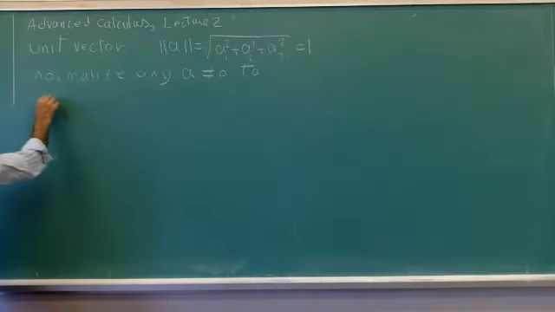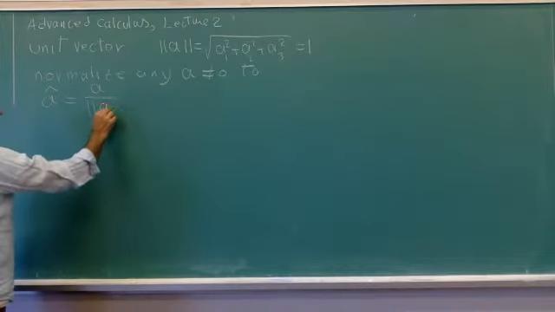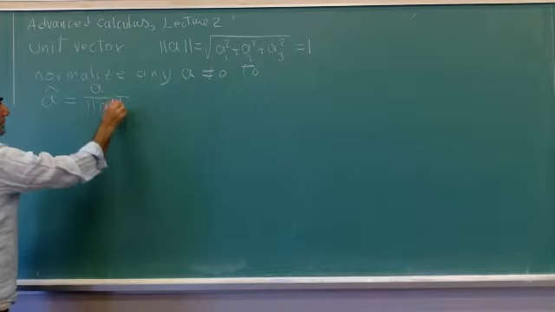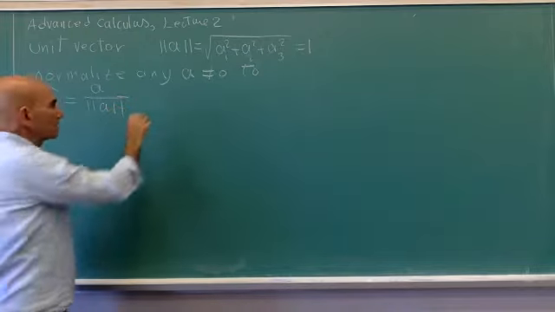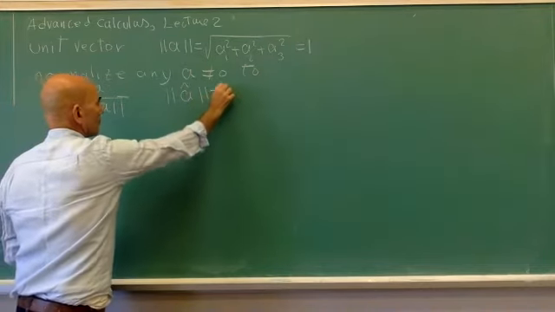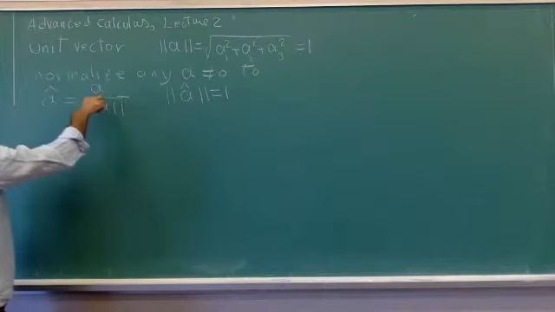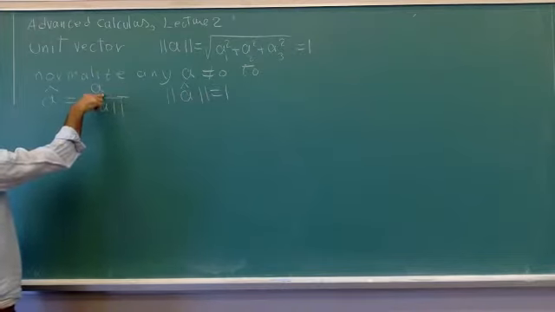The new vector I call A hat, which is defined to be A divided by the norm of A, the length of A. By the way it is defined, it's just a scalar multiple of your original vector A.